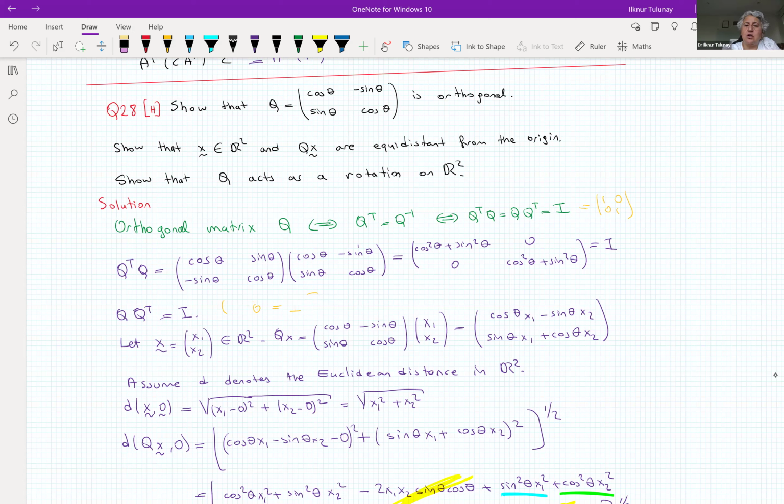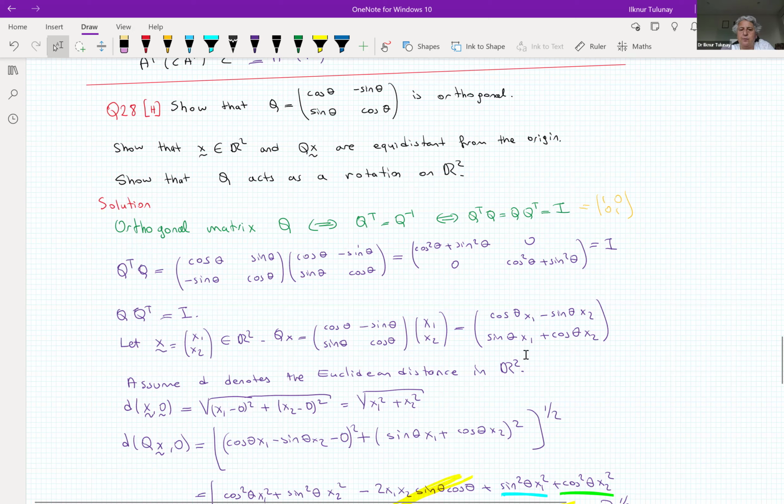So you need to multiply these two matrices. I was just thinking whether it can be done. Okay, so the Q matrix here is orthogonal.